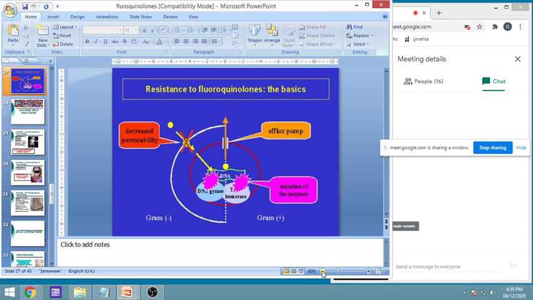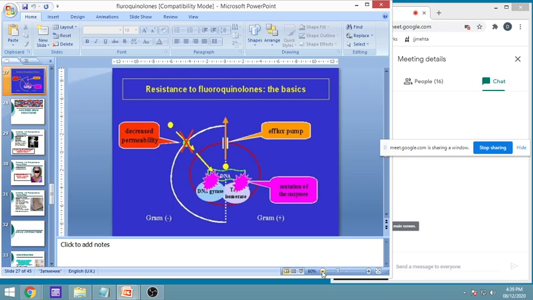So it must cross both the cell membrane and the nuclear membrane. Most of the time, if they are water soluble and there is no other way, they are actively taken up by the bacterial cells. So this active transport is modified.